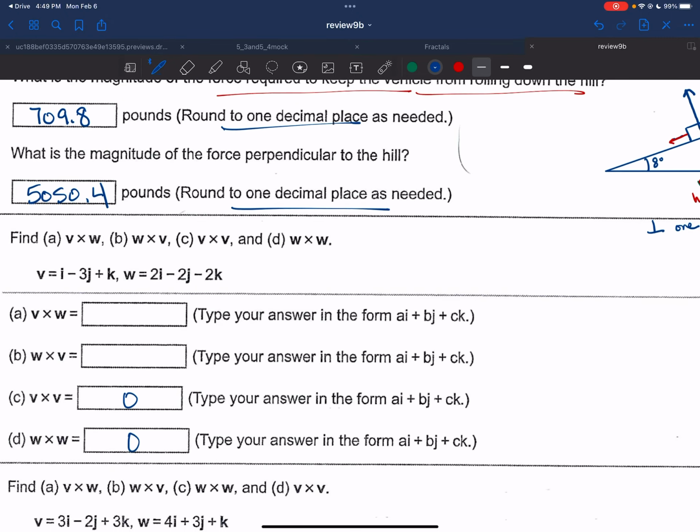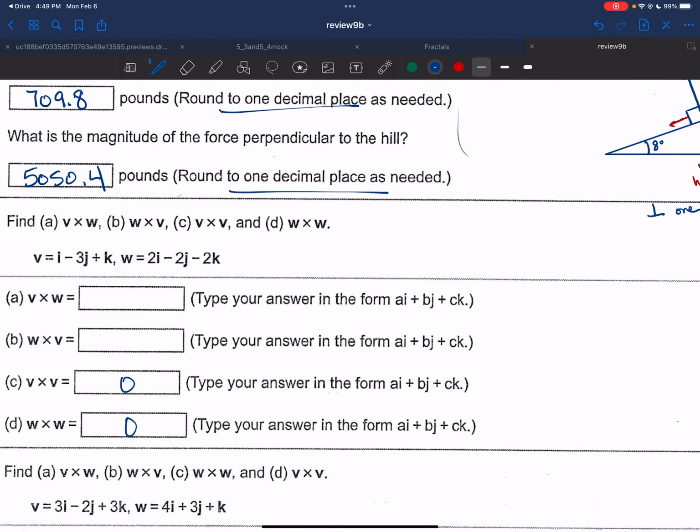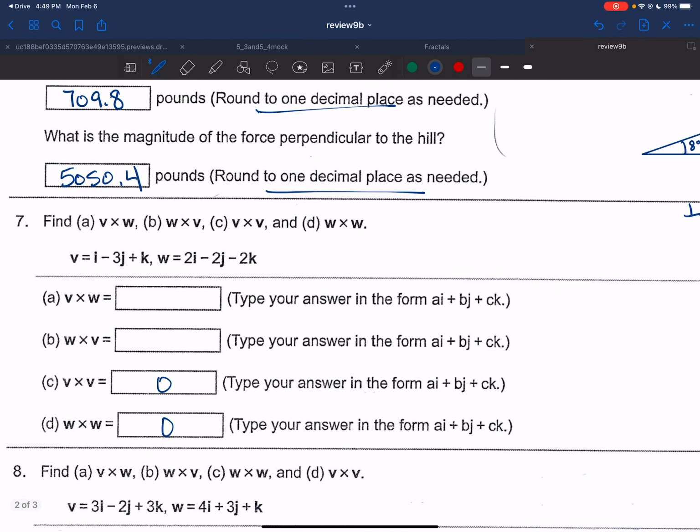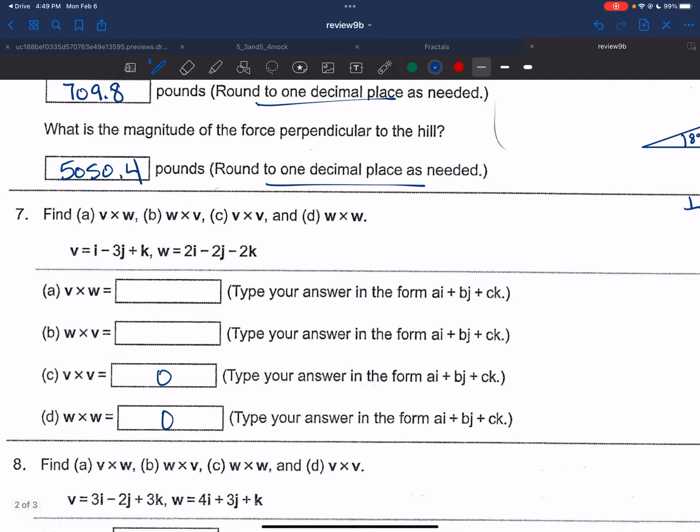V cross W, we do have to legitimately figure that out. And then once we have that, our W cross V is going to be the opposite of that. So I can just change my signs. Actually, let me just put it underneath here so I have room. Right, so I'm just going to change my signs.